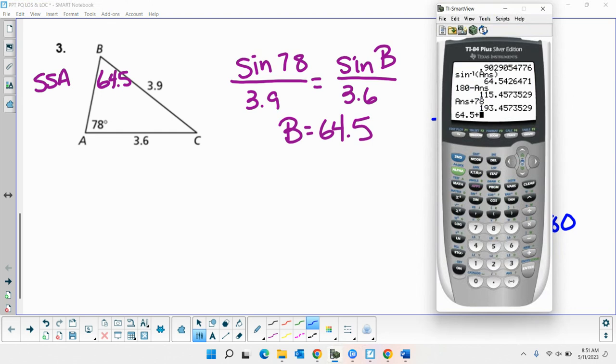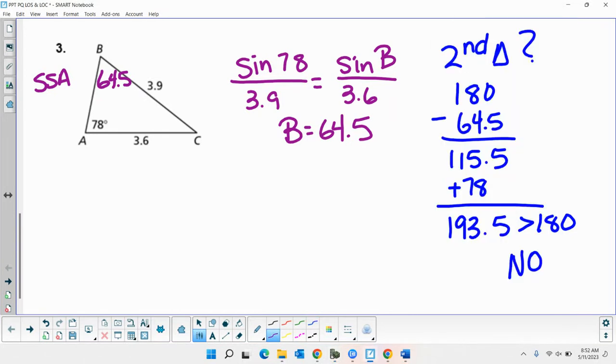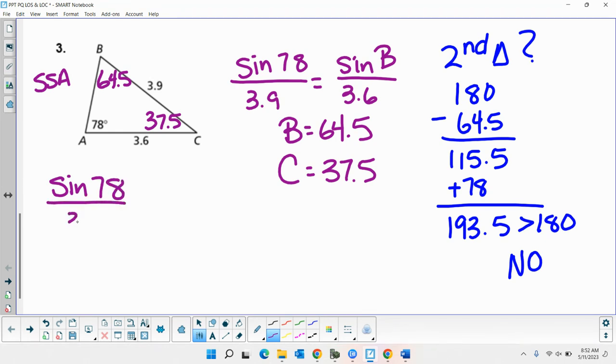All right, since I don't have a second triangle, I'm going to go back and add 64.5 and 78 and subtract that from 180 to get my 37.5 for angle C. And then I have to find side C. So I'm going to go sine of 78 over 3.9. I always use the original numbers for my law of sines.